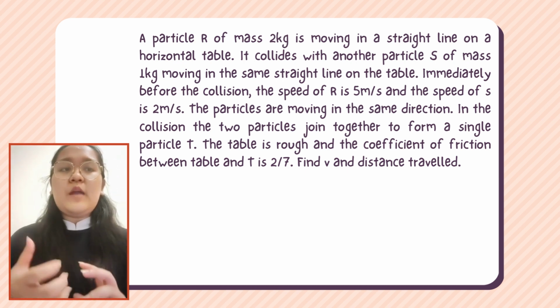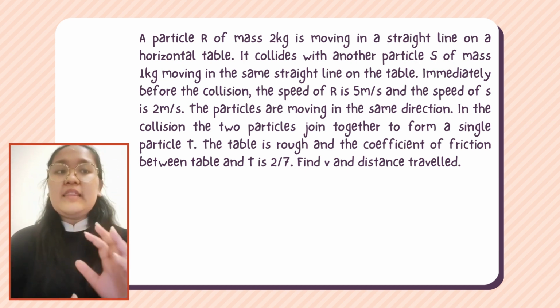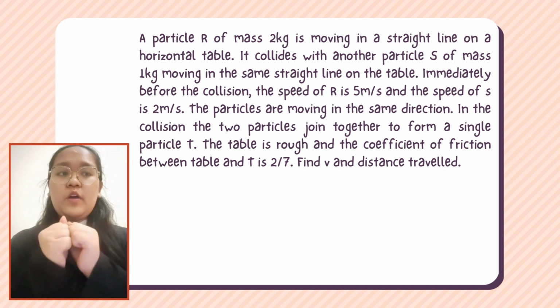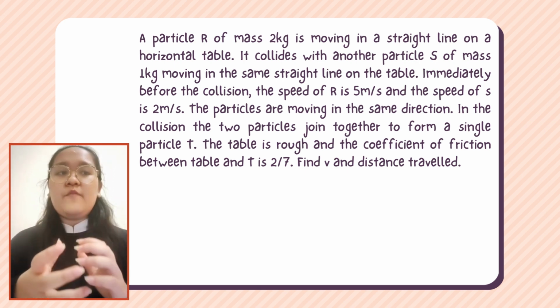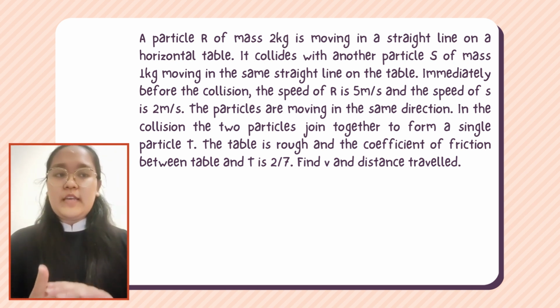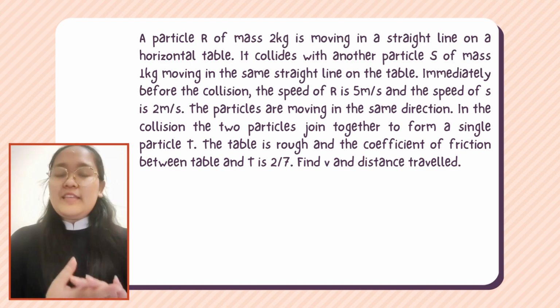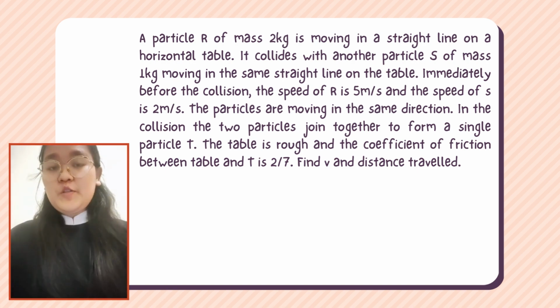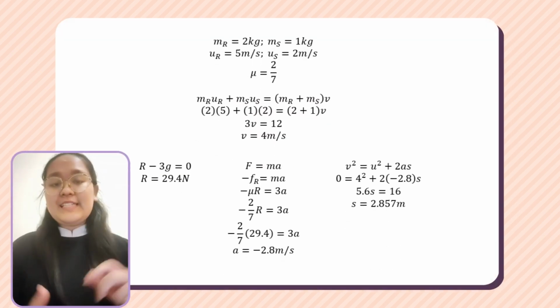The particles are moving in the same direction. In the collision, the two particles join together to form a single particle T. The table is rough and the coefficient of friction between the table and T is 2/7. Find V and distance traveled. Try to do this question on your own and pause the video. Let's get to the answer.